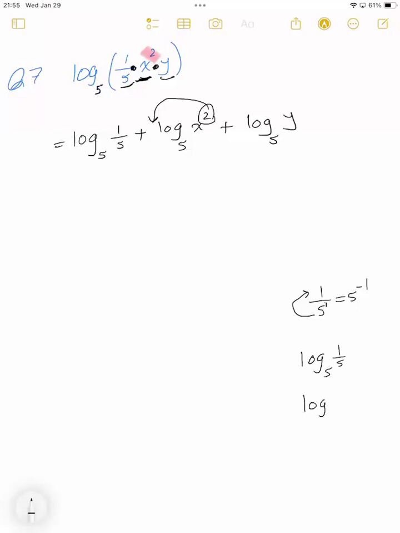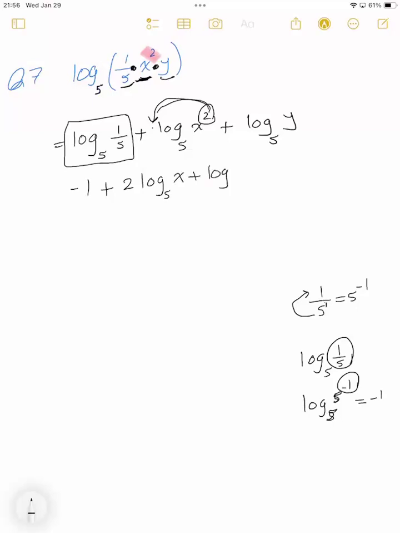We can write it as log base 5 of 5 to the power -1. 5 and 5 are the same. The answer is -1. So this piece becomes -1. This 2 becomes a coefficient because that's the exponent for the argument. And that is your answer.